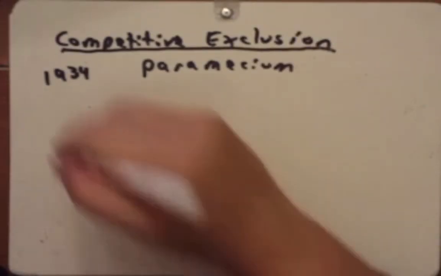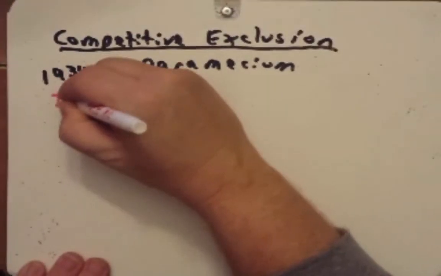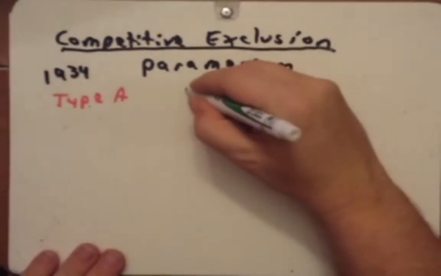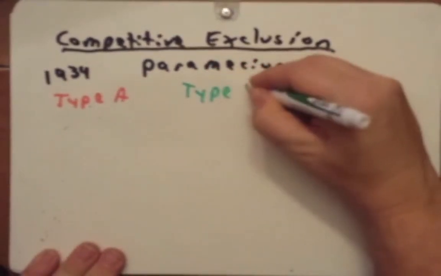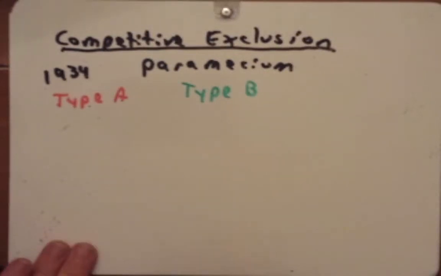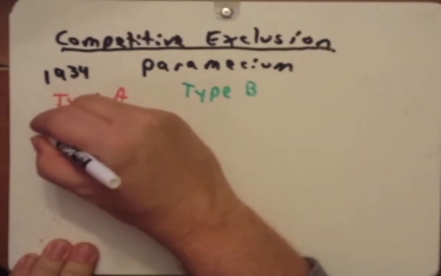So we're going to call one type A and one type B. If you look at the book, it'll tell you the exact species, but it doesn't really matter what the exact species are to understand the concept. But both of these parameciums were different species, but they were very similar. So they would use a very similar ecological niche. And he did two separate experiments. In the first one, they were grown separately.